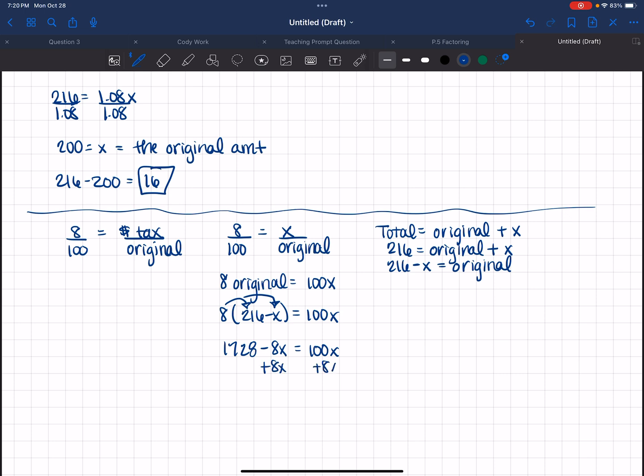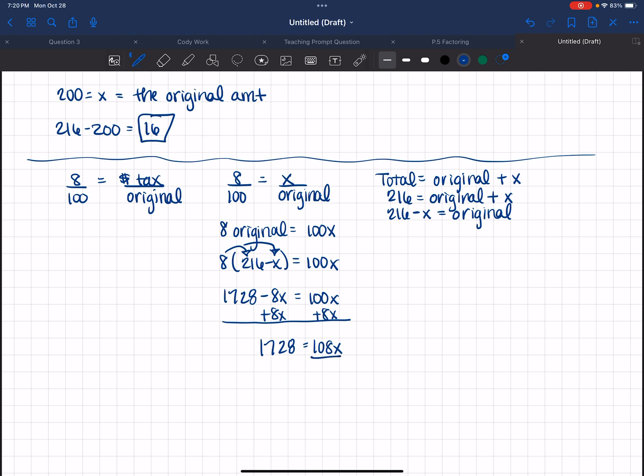And this to me is a little difficult for her to be doing over what we did up top with the original way. And then divide both sides by the 108. And remember, you were talking about the 108 a while ago. And sure enough, 1728 divided by 108 is 16.